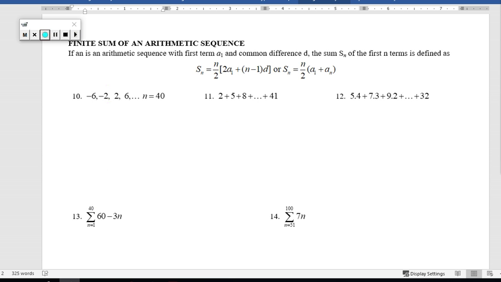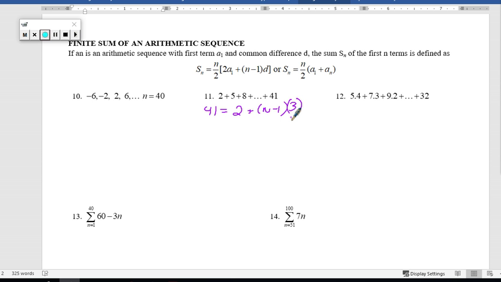All right, let's look at problem number 2. I want to find the sum here. The first thing I need to figure out is how many terms I have. I do know that the last term is equal to 41. I do know that the first term is 2. And I can also see here that we have a common difference of 3.